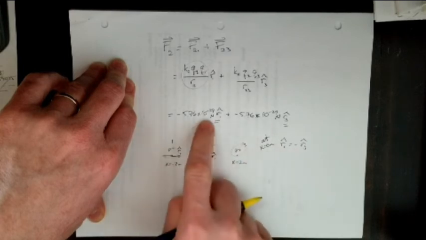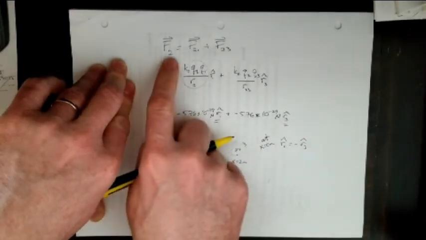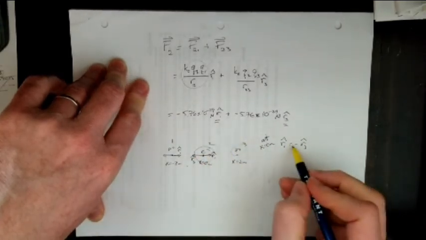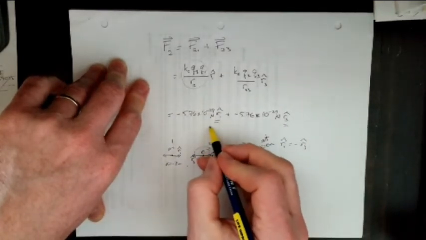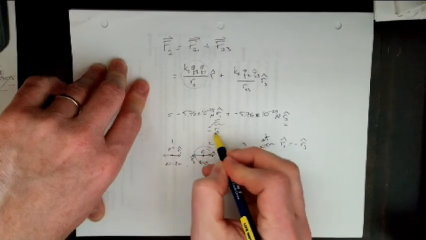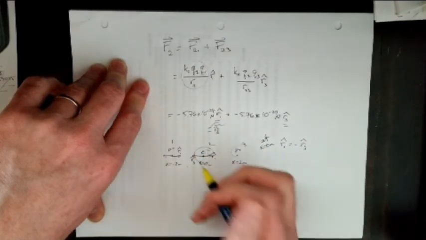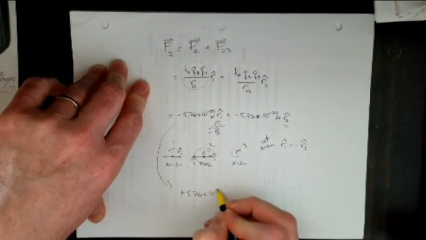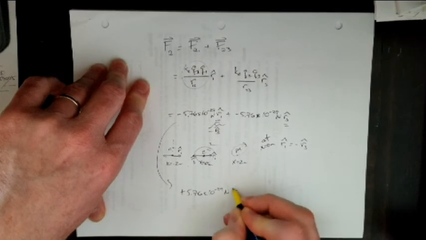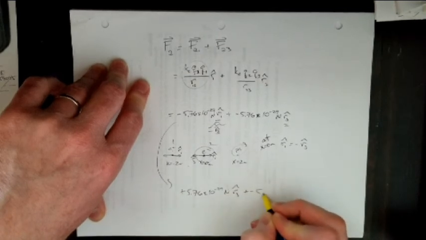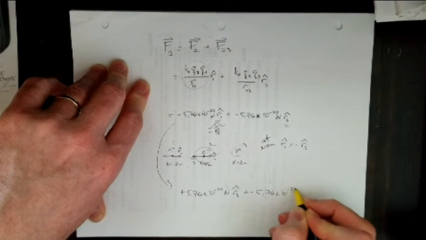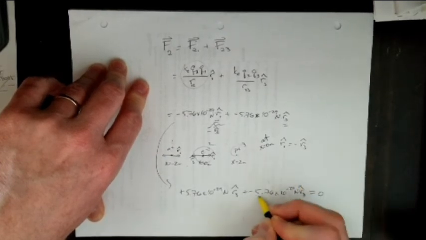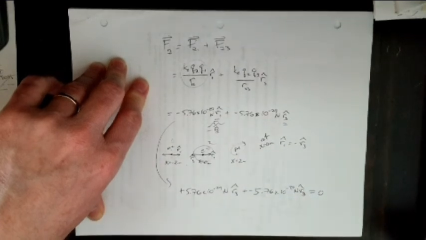Now we can make that substitution. We can stick in a negative r3 hat for this. The negatives cancel out, and I'm left with positive 5.76 times 10 to the negative 29th newtons r3 hat plus negative 5.76 times 10 to the negative 29th newtons r3 hat. And that is 0 because I have a number and then the negative of it that I'm adding together.